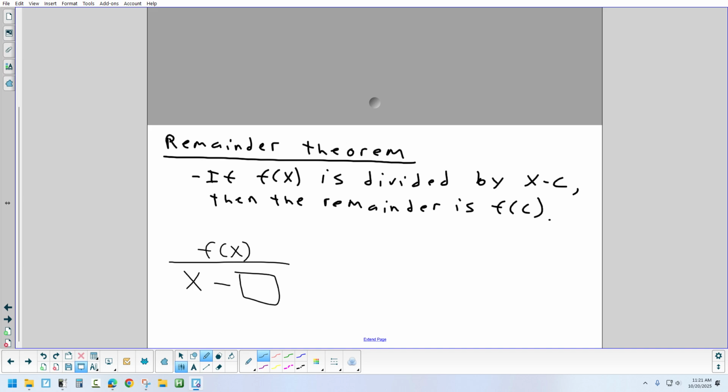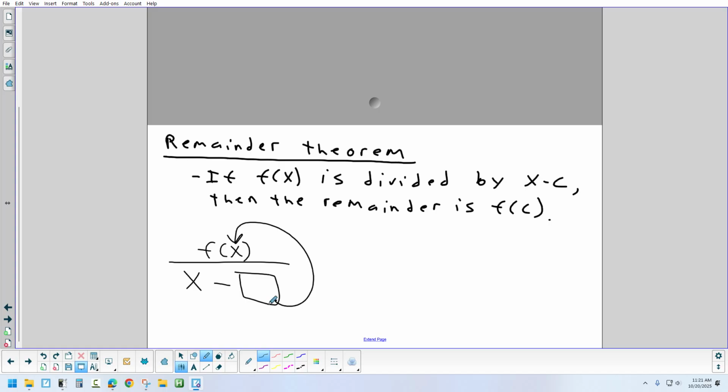Who knows what it is, but you'll have some formula in the top. If you take the number that's in this box and you fill it in to the top, it will automatically give you the remainder. It won't give you the quotient, but it will give you the remainder.